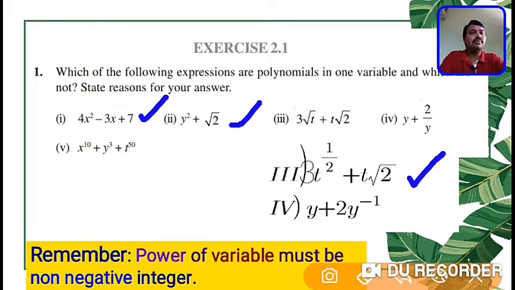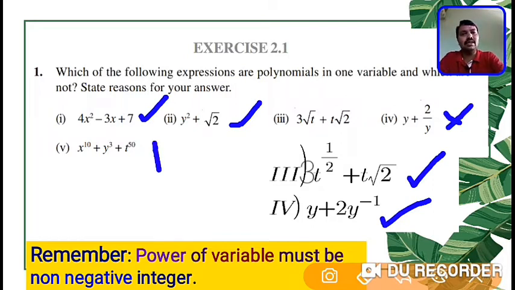So it is not a polynomial in one variable. Same in the next part, that is y plus 2 upon y. Here in second term y is in denominator, therefore the power of y will be negative, and negative integer cannot be the power in a polynomial, therefore it is also not a polynomial.